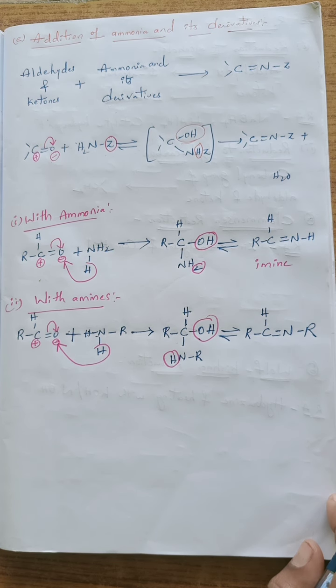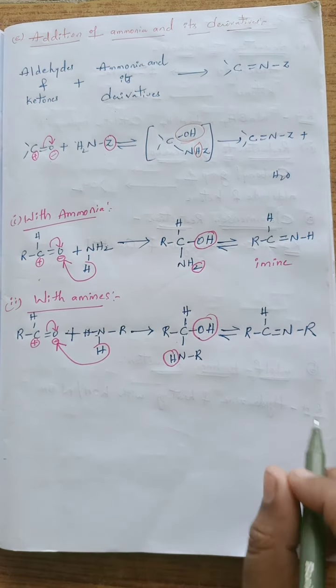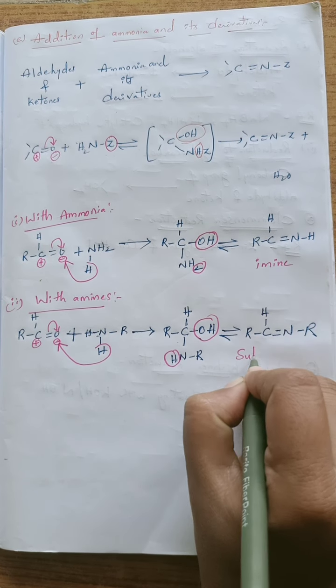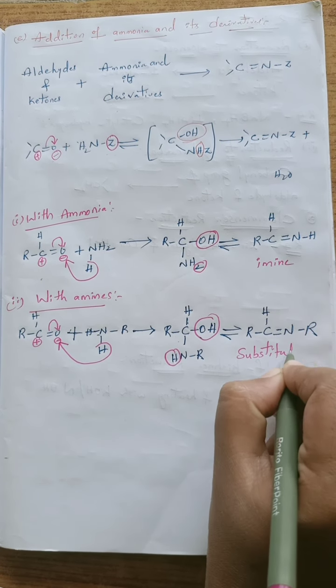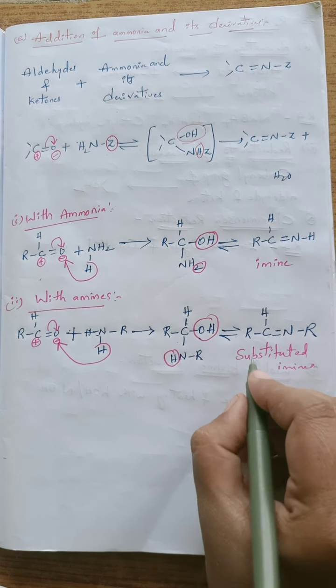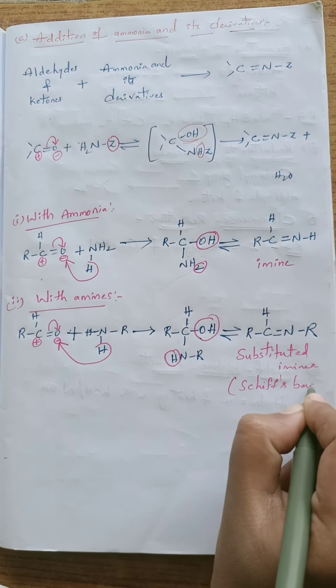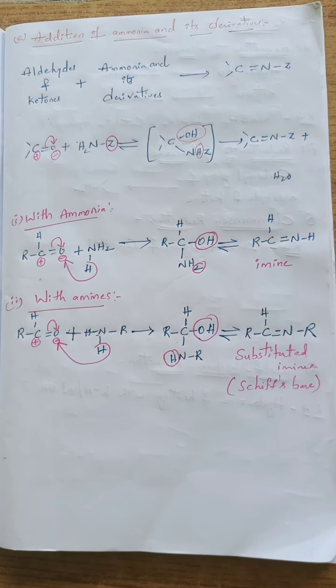Because in place of hydrogen an alkyl group is substituted, we can call it a substituted imine. It is also known as Schiff's base. Okay, that is about the second reaction.